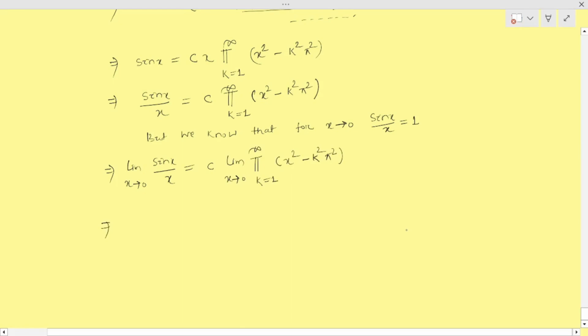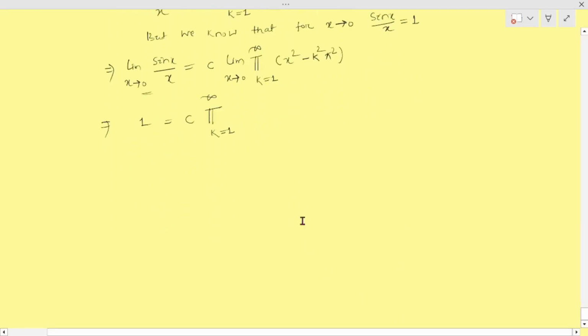That implies this value is 1. So 1 is equal to c, and if I put limit x tends to 0, then here x equal to 0, so we get product k equal to 1 to infinity of minus k square pi square.